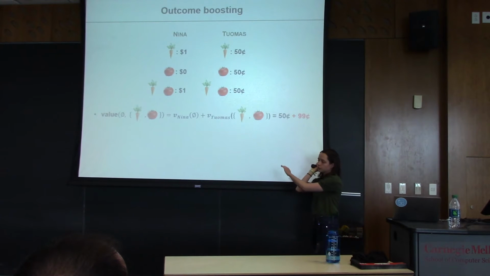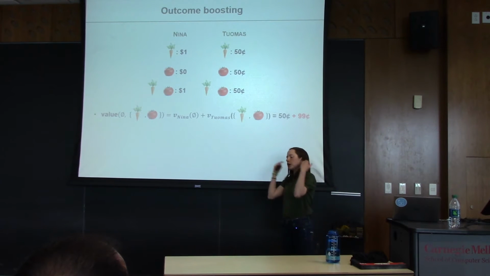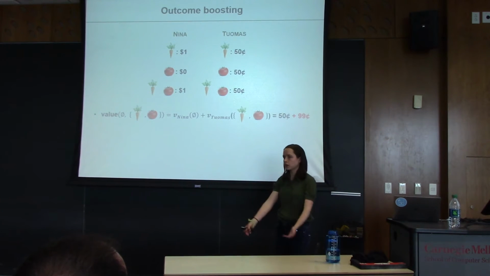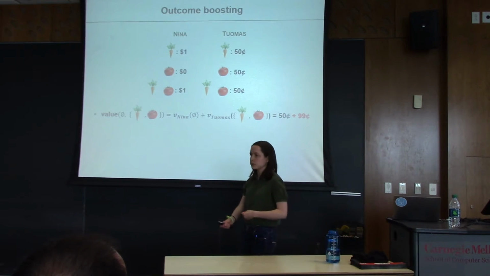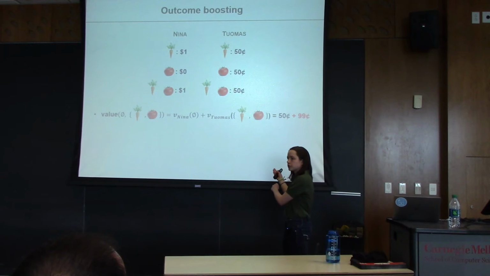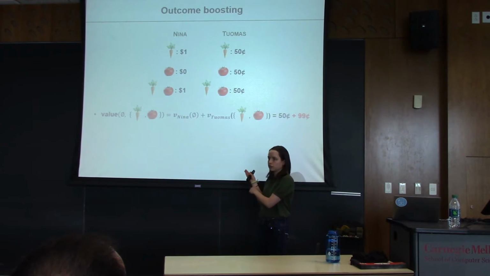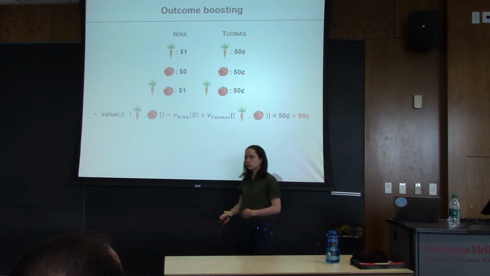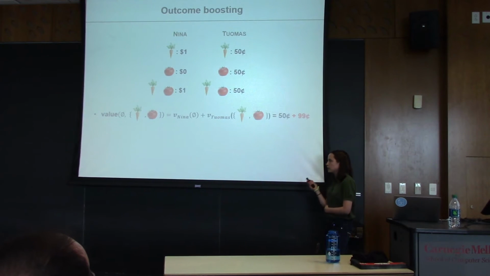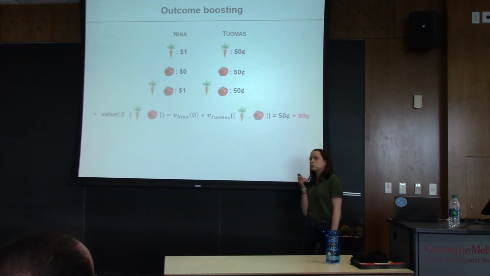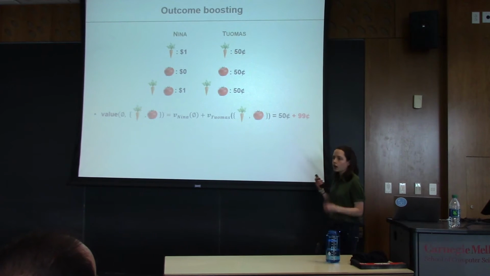When you're doing this maximization over outcomes to figure out what the allocation of this auction should be, you're going to take the boosts into account. You can think of this as making it 99 cents more likely that this is the outcome of this auction.